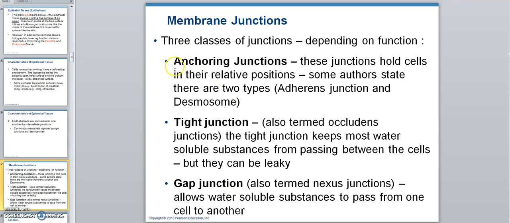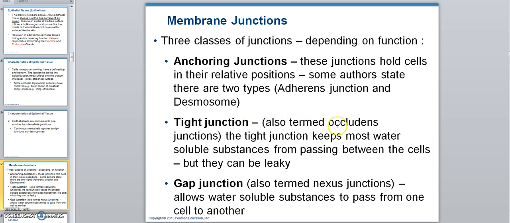Anchoring junctions merely hold cells together in their relative position, so they stay in a relative position. Tight junctions keep most water-soluble stuff from passing between the cells. Now, you can't keep lipid-soluble stuff. Lipids, as you may recall in earlier discussions, go straight through cells because most of the membrane is lipid.